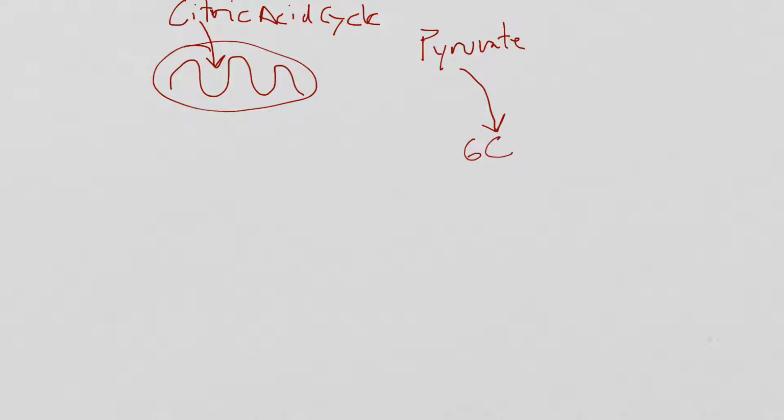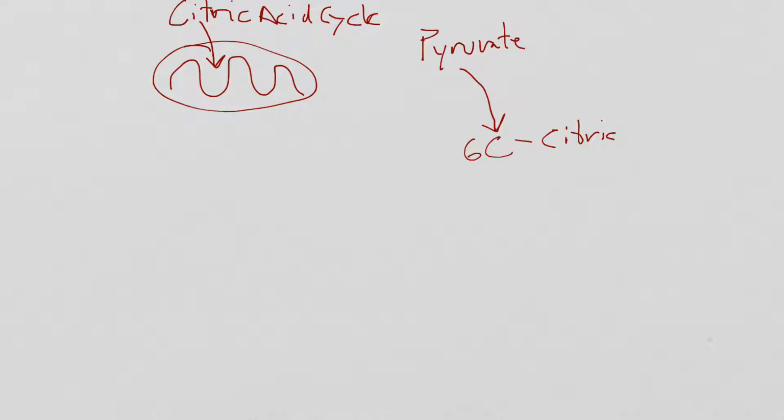So we've got the citric acid cycle, and during the citric acid cycle, you're going to take your pyruvates and switch them around a little bit. So you're going to start with your pyruvate, and then you're going to go to this 6-carbon, which is citric acid.